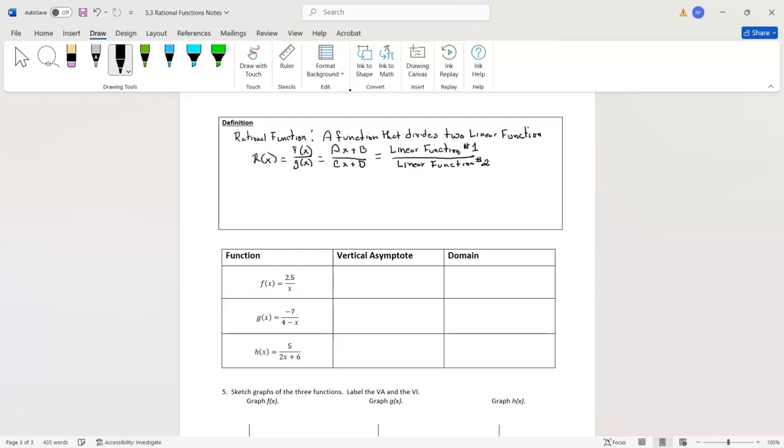And when we do this, we end up with a denominator. And because all rational functions have a denominator, that means that all rational functions will have a vertical asymptote. And this vertical asymptote happens because we cannot divide by zero.